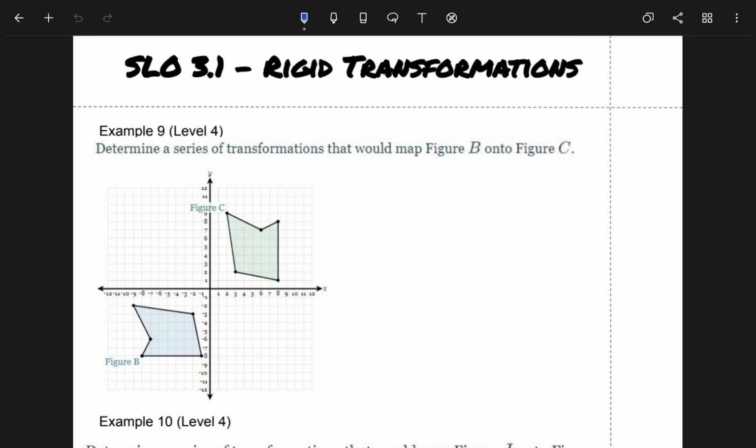For this one, it looks like we have rotated because this is the top here, or that's the side that moves to the top here. So we do have a rotation. And because we're going like this, just moving the side to the top, I'm going to guess 90 degrees counterclockwise.